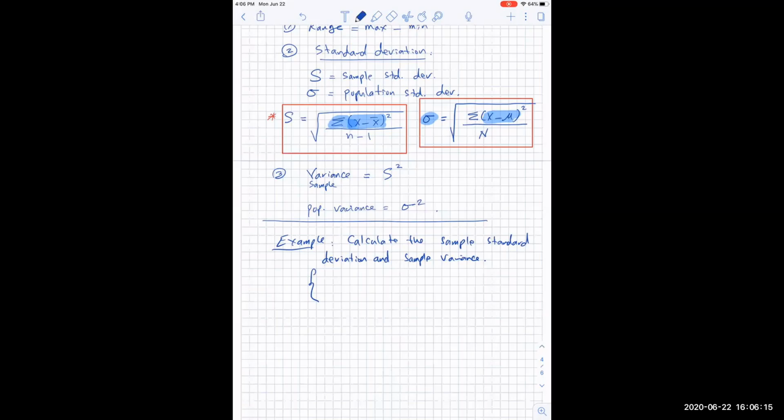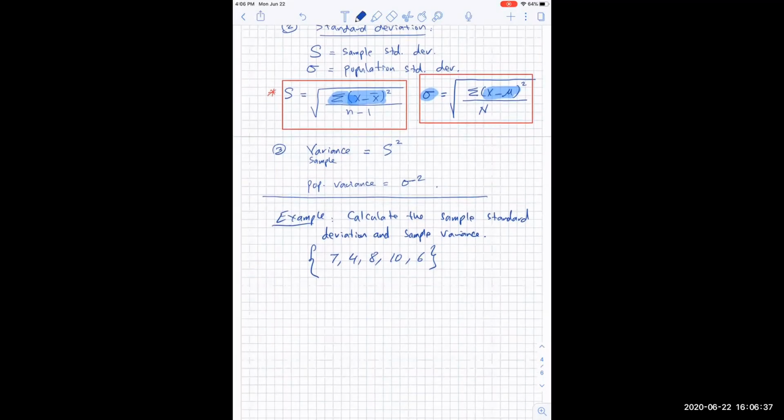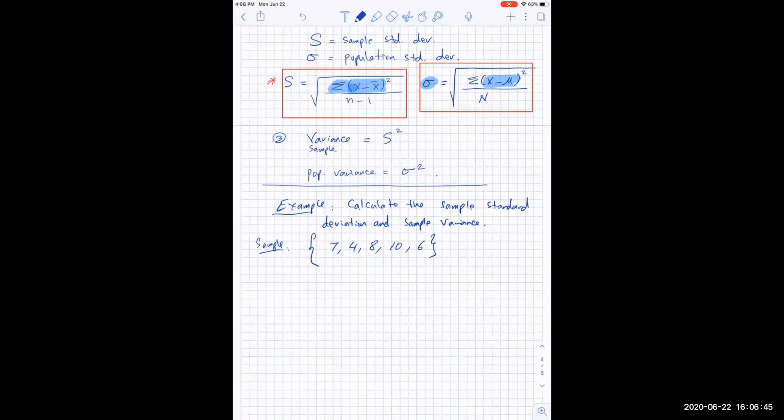Let's say 7, 4, 8, 10, and let's say 6. Okay. This is sample data. So we want to solve for S, to calculate the sample standard deviation and sample variance.